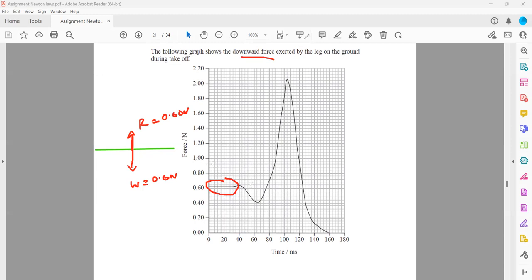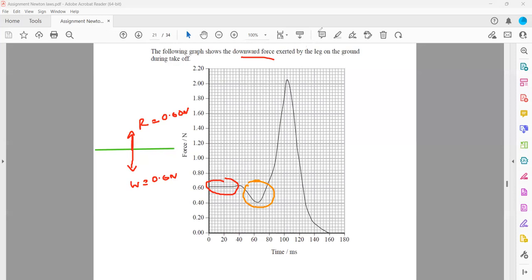Now, in this part, why is there a decrease? Because as the bird tends to push the ground, the position of the center of gravity is changing. That's why at this moment the downward force starts to decrease. But then the downward force suddenly increases. What is the reason for this?